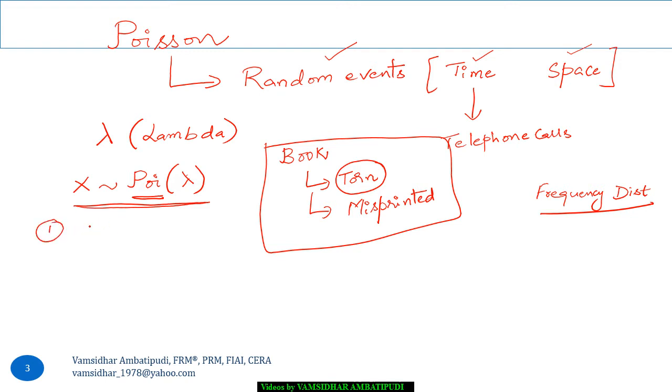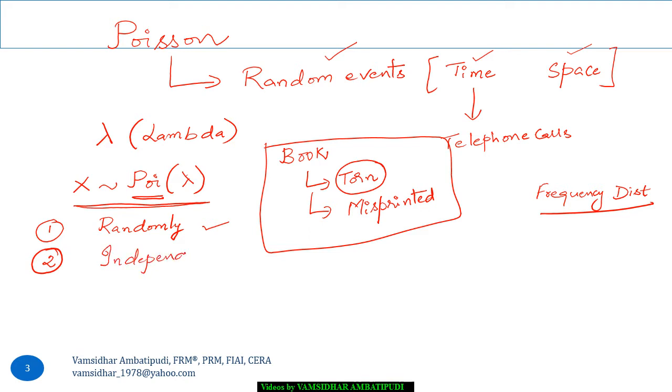When I say x follows a Poisson distribution with a parameter lambda, some of the important conditions that are necessary are that the events that are occurring should be occurring randomly. The telephone calls that I am going to get occur randomly, they cannot be timed. In that case only I can use the Poisson distribution. The events should occur randomly and they should occur independently.